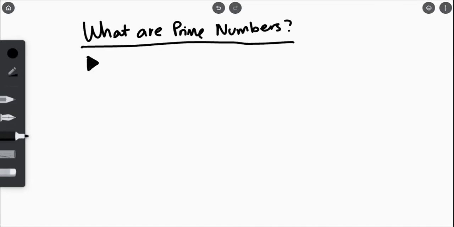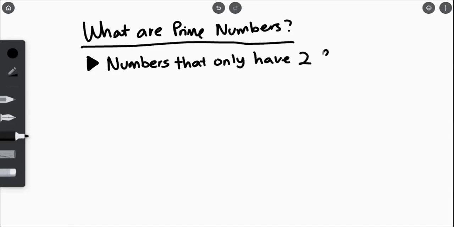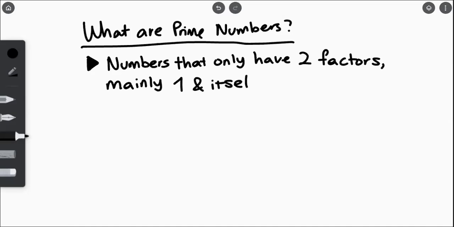So first things first, what are prime numbers? Basically prime numbers are numbers that only have two factors, mainly 1 and itself. What does this mean? I will show you.